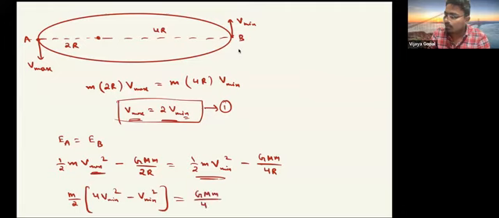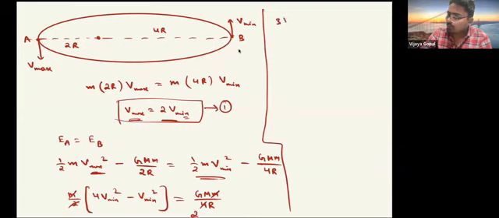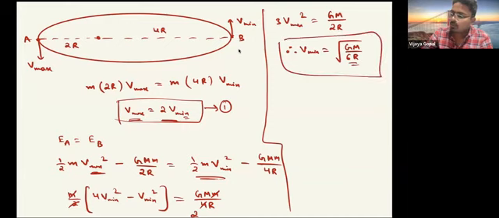Small m gets cancelled, and this is 2 times. So 3V minimum square equals GM by 2R. Therefore V minimum equals root of GM by 6R. Is it clear?